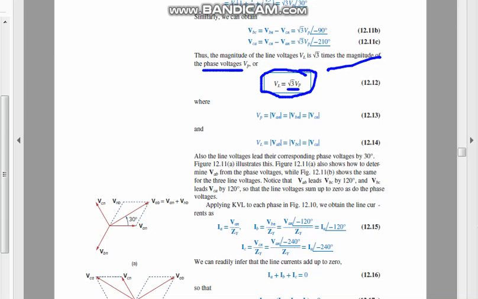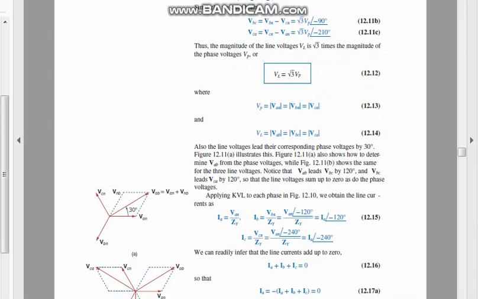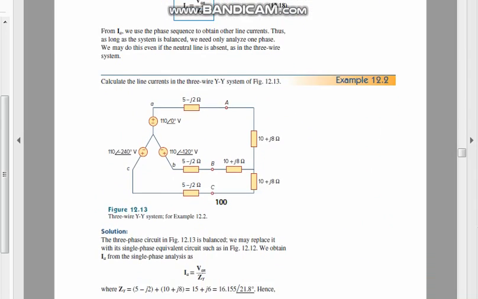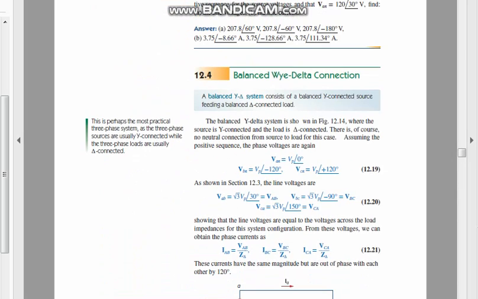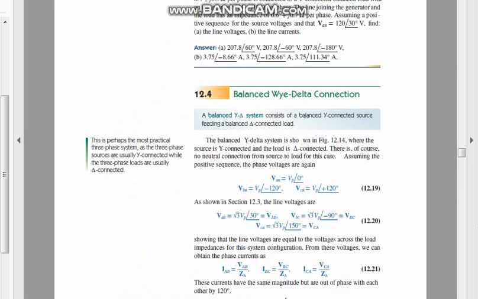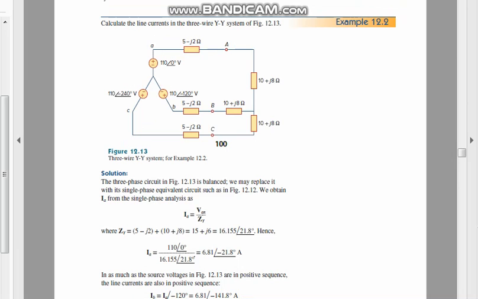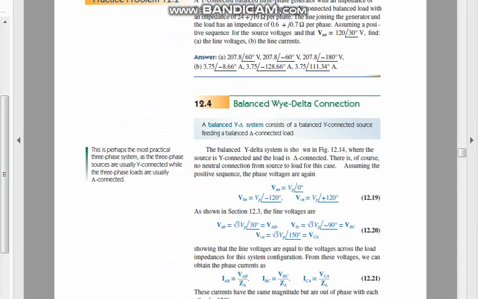So we can apply this equation to find the line voltage. We are on the right track to solve this.